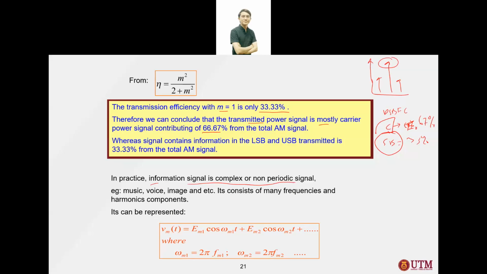And then all signals, like what we understood from chapter 1 just now, have harmonics. Harmonics means a repetition of frequency. So let's say for music, video, images, we have many frequency and harmonic components.